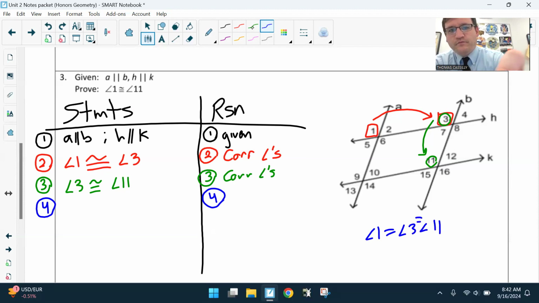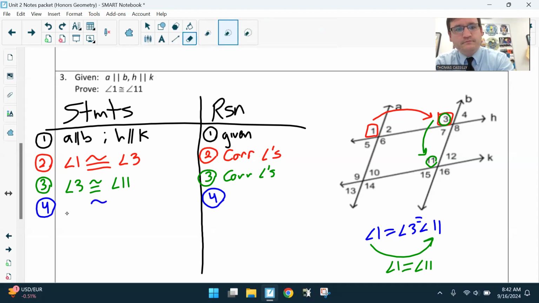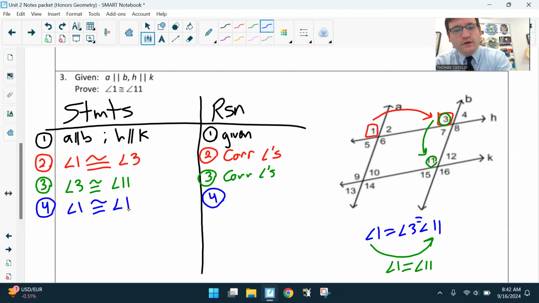So again, using the transitive property, we can say angle 1 is congruent to angle 11. And again, that is the transitive property. And there we have it.